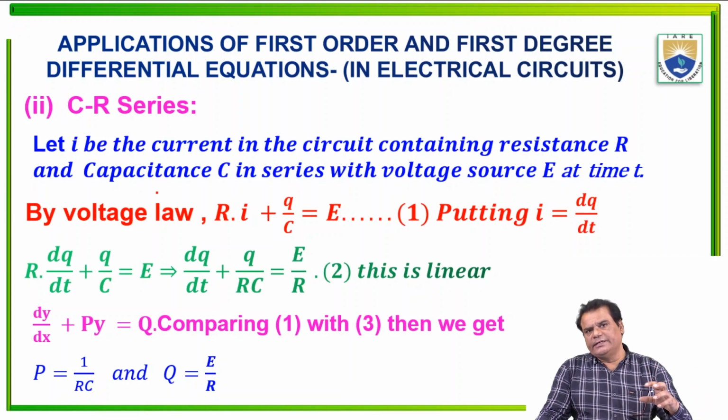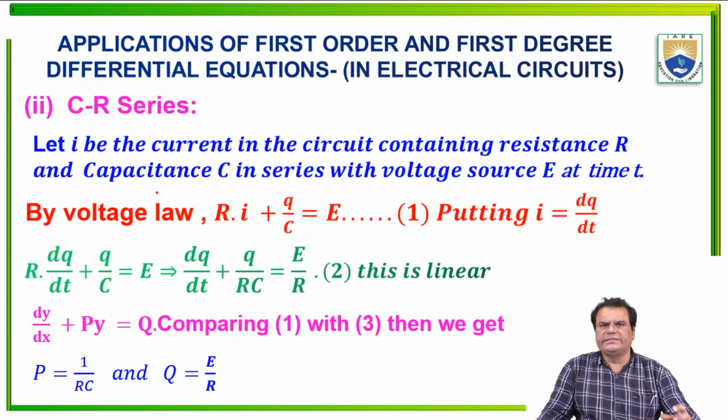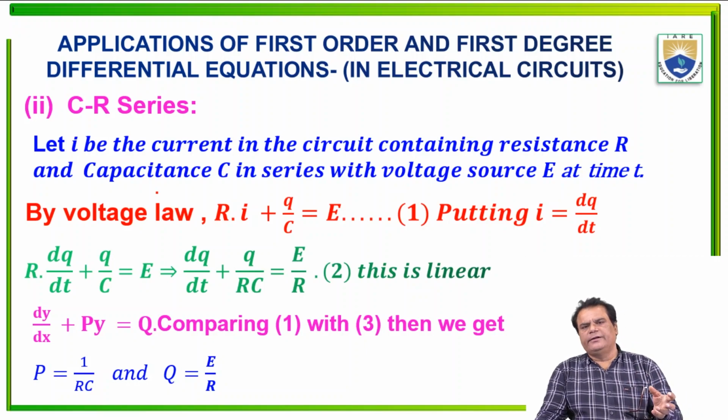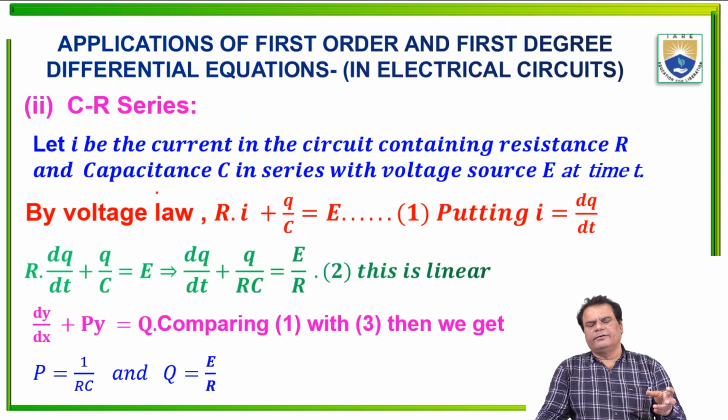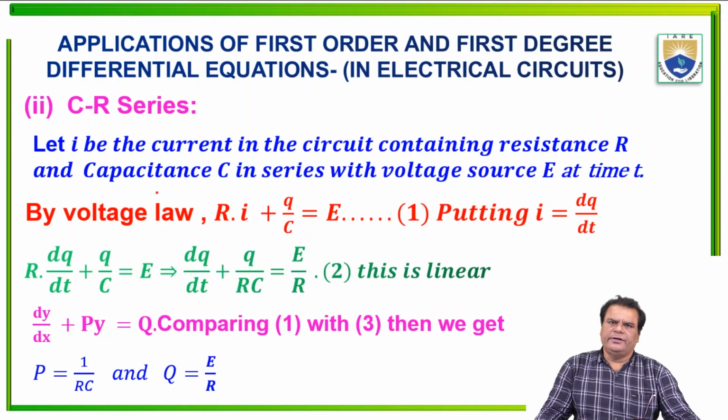Now the second circuit is the CR circuit. What is a CR circuit? In this circuit, they are taking two components, resistance and capacitance. So in this circuit also we apply a first order and first degree differential equation.